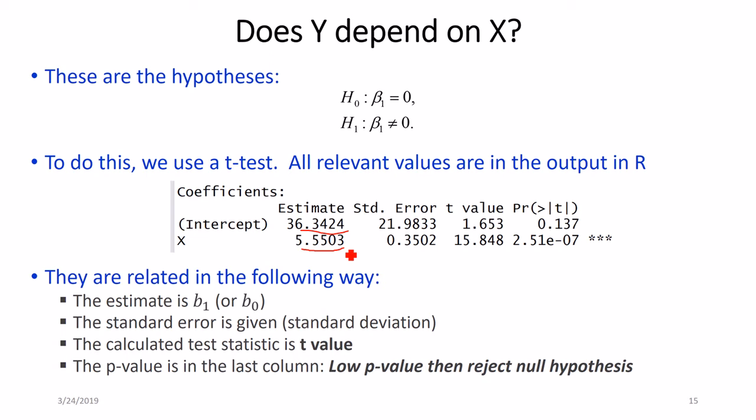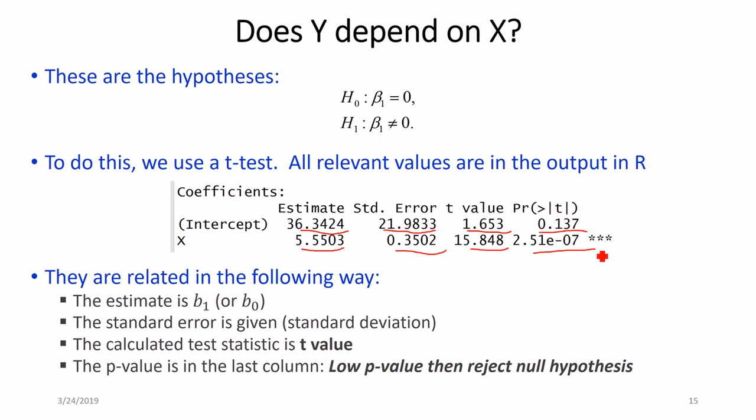The second column shows the standard error. The third column shows the t-values for B0 and B1. And finally, the last column shows the p-value, which is the probability that the true parameter is greater than the absolute value of the t-value.